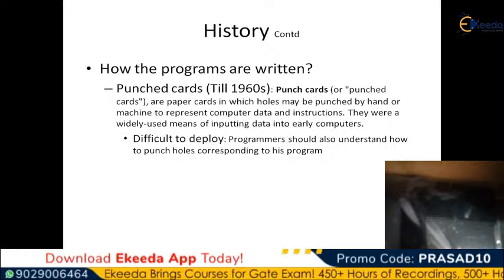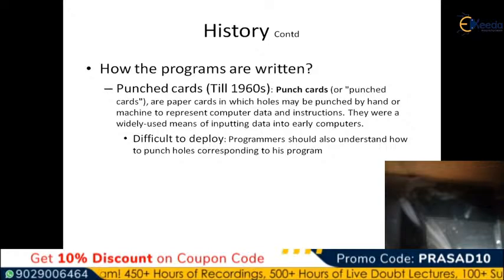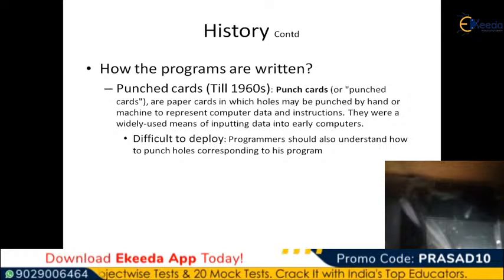If you want to write 100 lines of a program, you need to collect as many punched cards as required. Once you collect a vast number of cards, you start punching. You need to know in what pattern you are going to make the holes, because each and every pattern of holes gives you one instruction. A set of all those cards is nothing but a program.